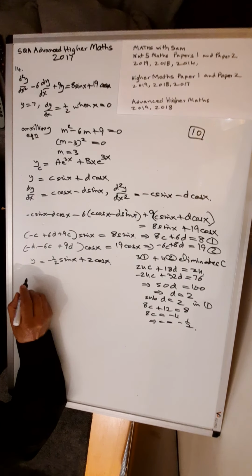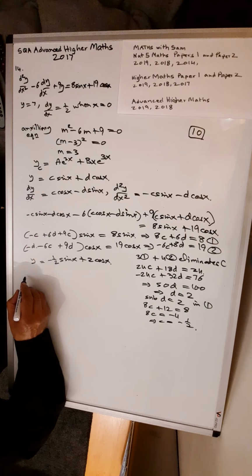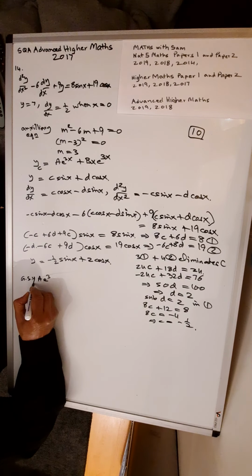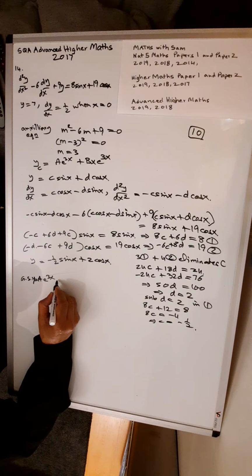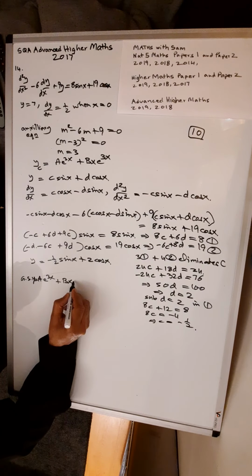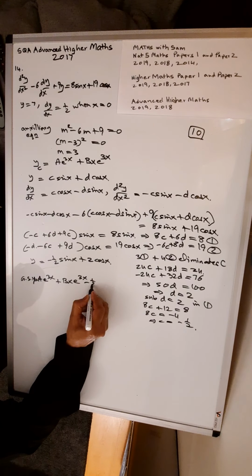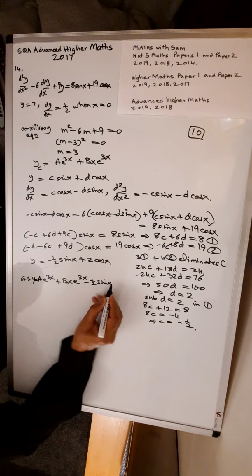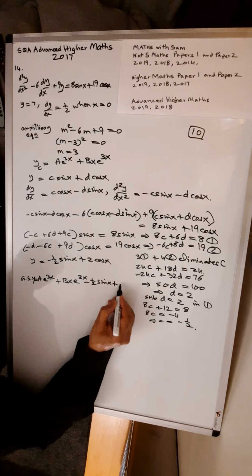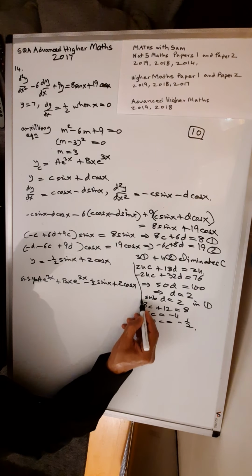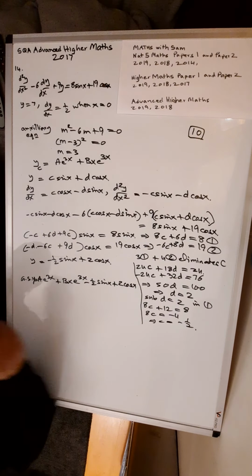That's your particular solution. So your general solution now is y is equal to a e to the 3x plus bx e to the 3x minus a half sin x plus 2 cos x. That's what you got up to now.